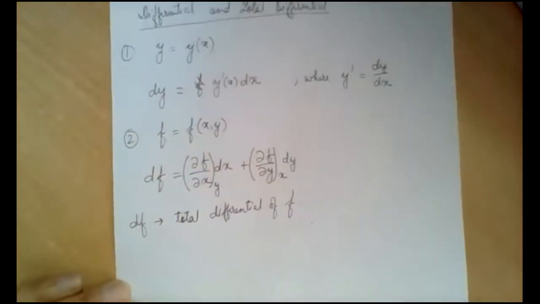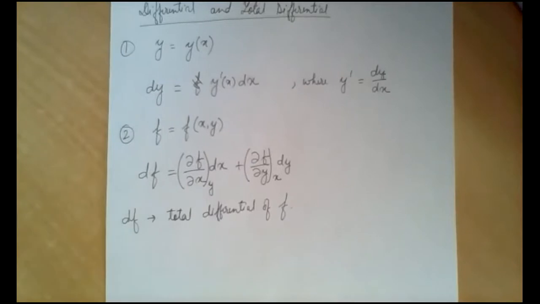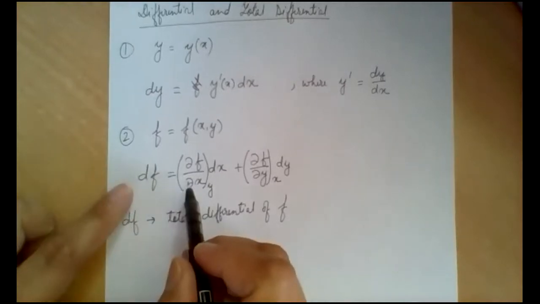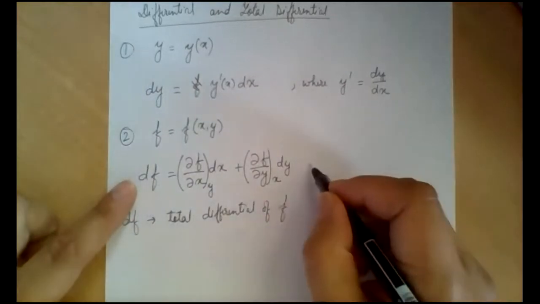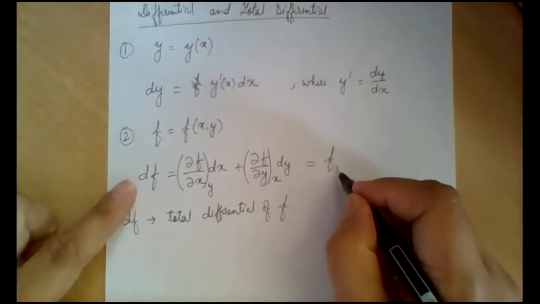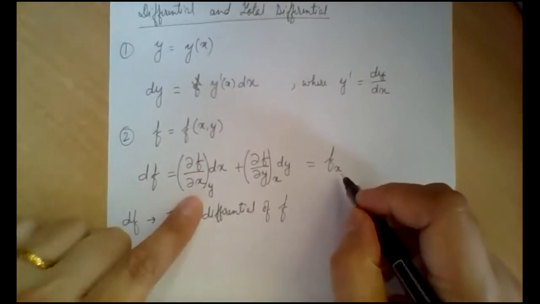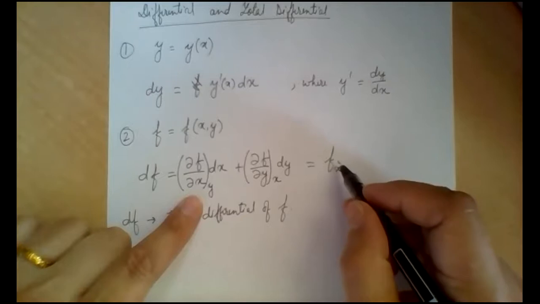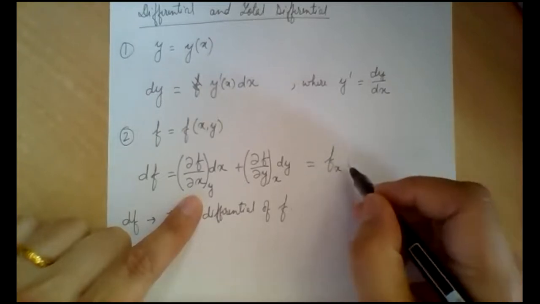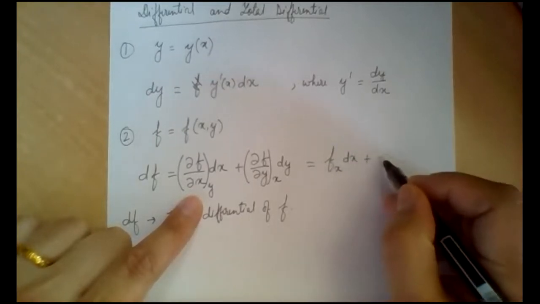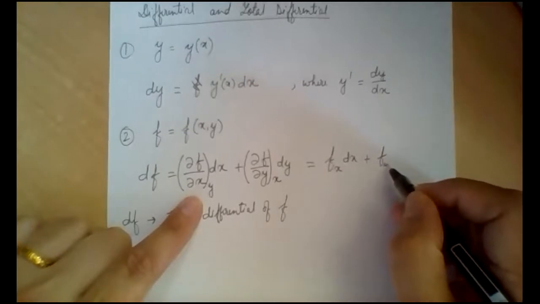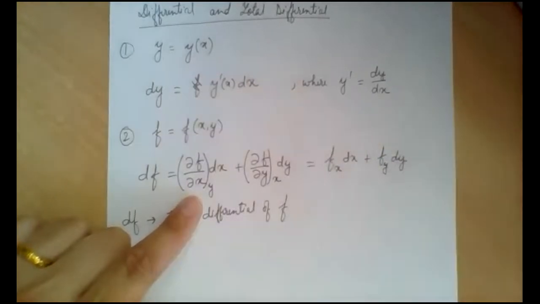For a function of two variables f, we can write this as df equal to the partial derivative of f with respect to x times dx plus the partial derivative of f with respect to y times dy.